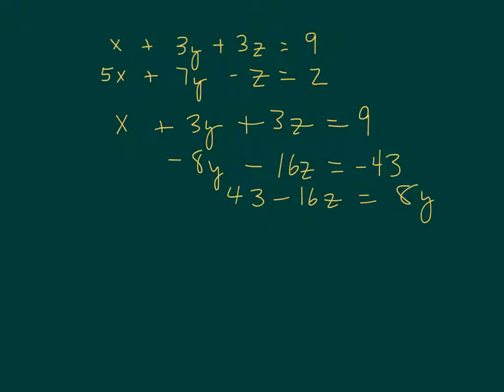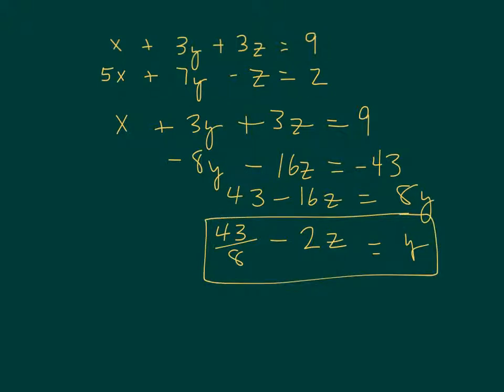And I added 8y to both sides, and I added 43 to both sides to get that. So y, written in terms of z, would be equal to 43 over 8 minus 16 divided by 8 is 2. So y could be written as 43 over 8 minus 2z.